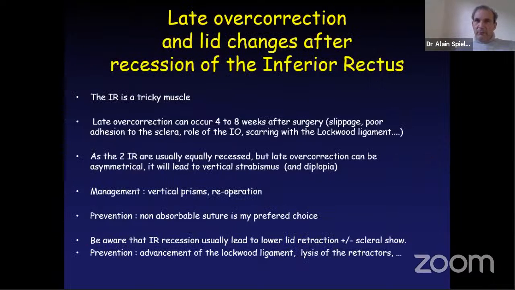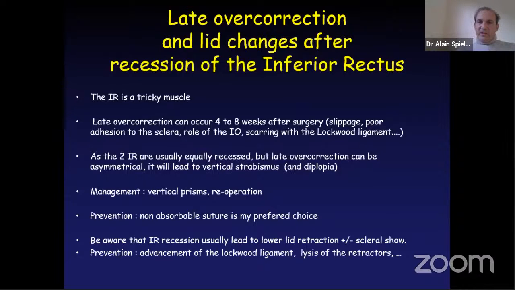Another undesirable result is late overcorrection and lid changes after recession of the inferior rectus muscle, because the inferior rectus is a tricky muscle. Late overcorrection can occur 4 to 8 weeks after surgery. This is a kind of slippage of the muscle due to poor adhesion to the sclera. The inferior oblique muscle may have a role, because when the inferior oblique acts, it twists the inferior rectus muscle.